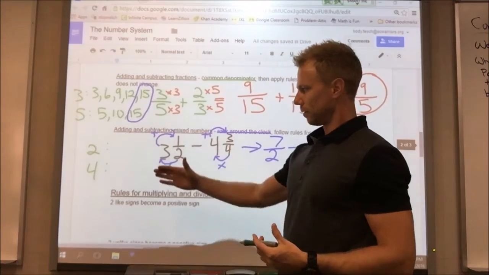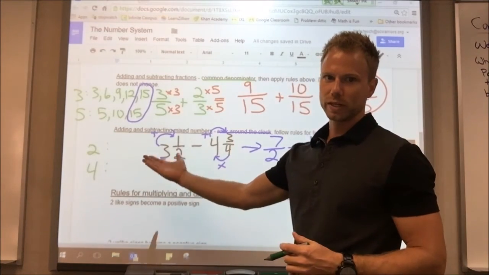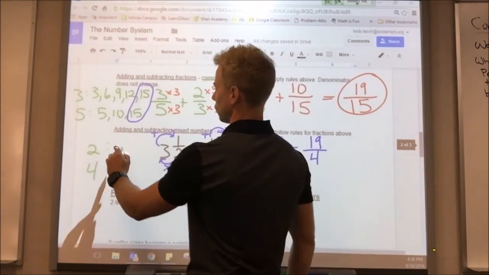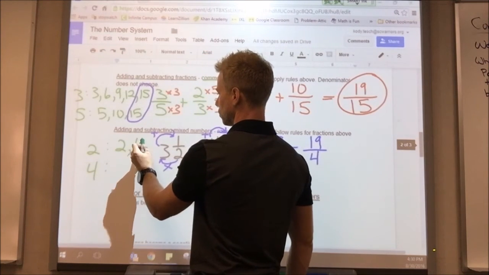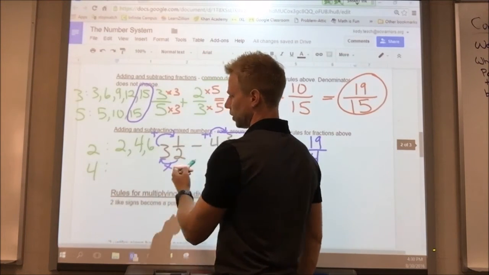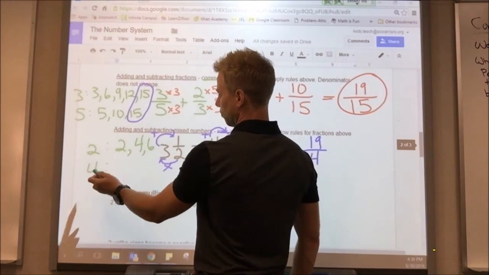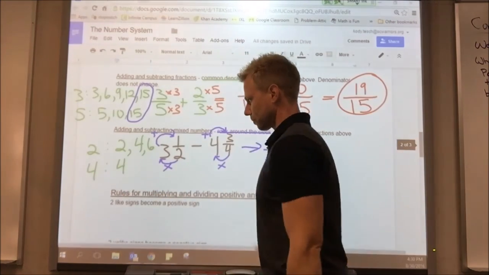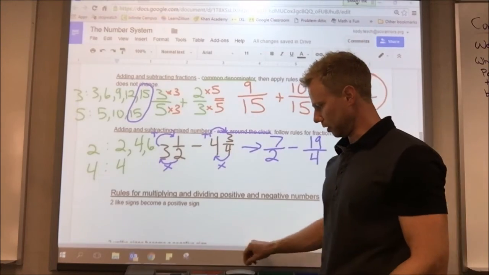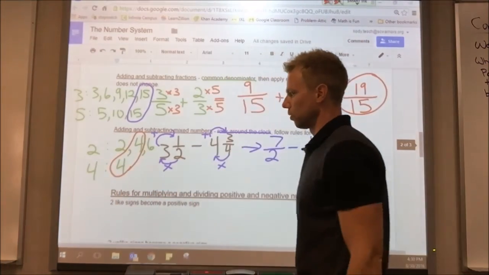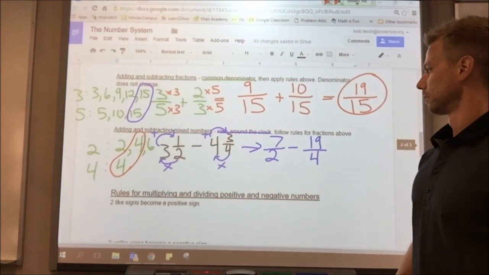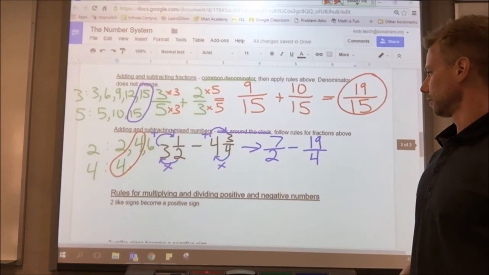This one might be a pretty easy one, but we can still show the process. So we'll start listing multiples. We start with 2 and go by 2. So 2, 4, 6, and we could keep on going. For 4, we start with 4, and that's all the farther we have to go. So now we can see the smallest number that 2 and 4 both go into is 4. So that's going to be our common denominator.